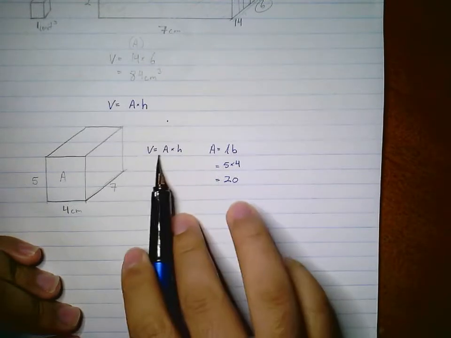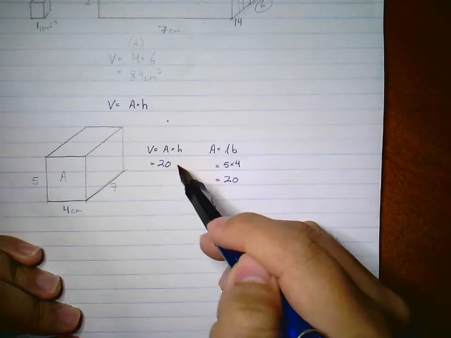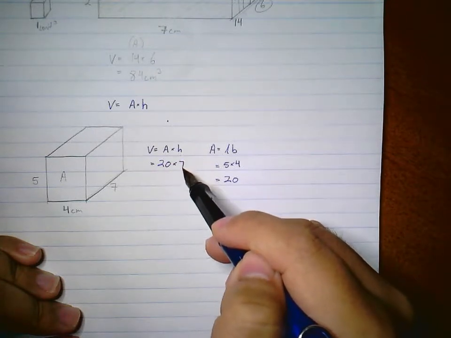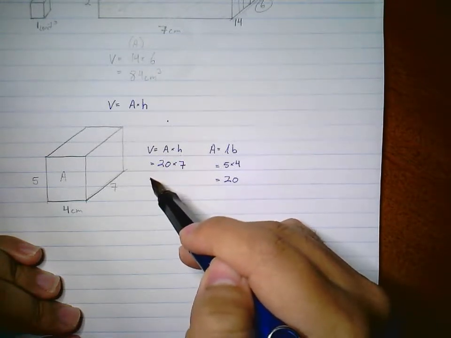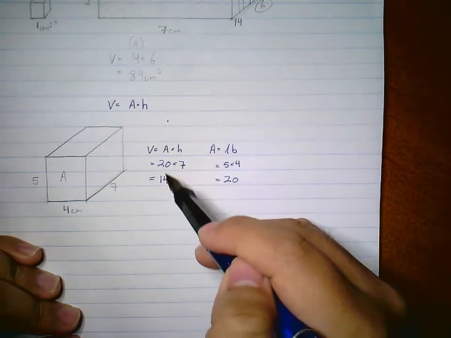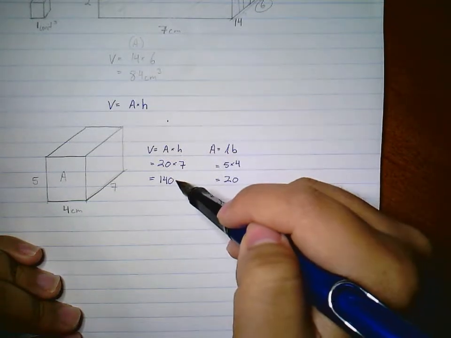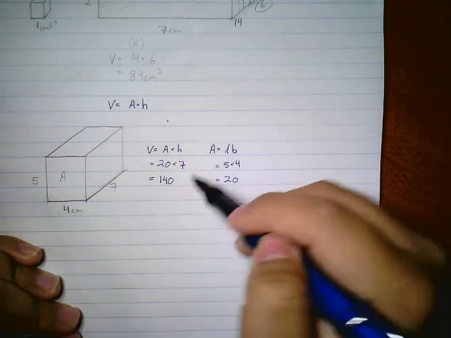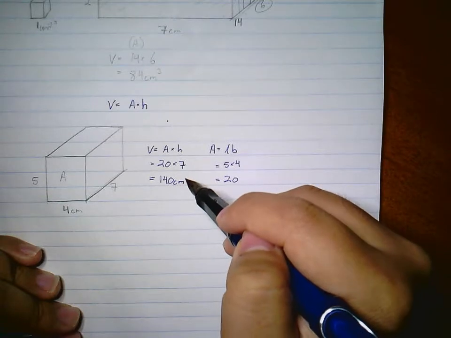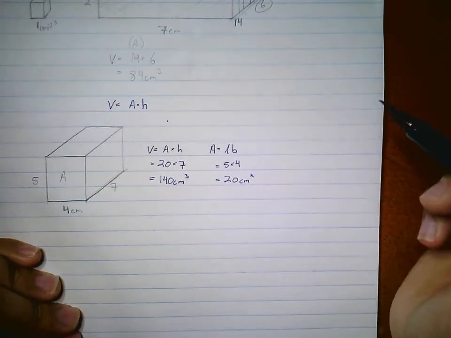Taking this number, putting it for A, we get 20 times 7. 2 times 7 is 14. 20 times 7 is 140. Since it is in centimeters, this will also be in centimeter cubed. This should actually be centimeter squared.